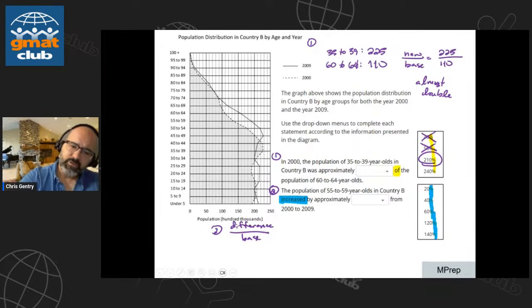So my 2000 55 to 59-year-olds, let's go back here. The 2000 number looks to be right at 140. The 09 number from a 55 to 59 looks to be right at around 190.